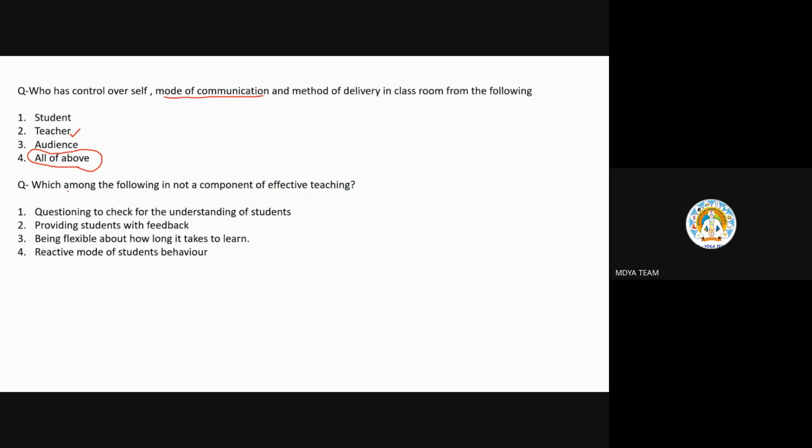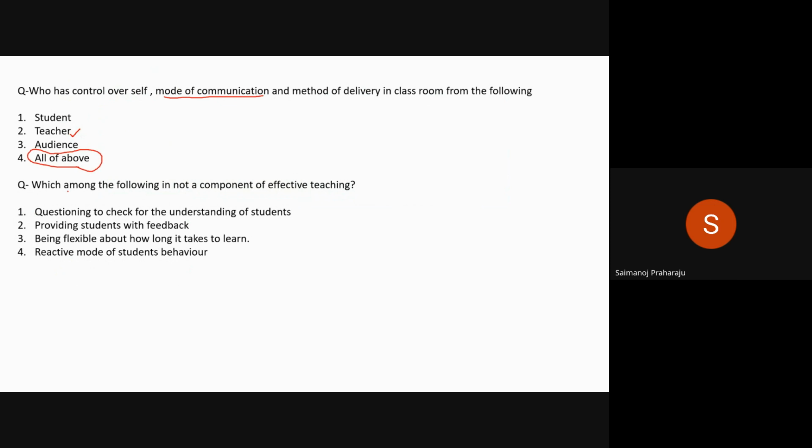Now the next question: which among the following is not a component of effective teaching? Being flexible about how long it takes to learn. Yes, ma'am. Sorry, I'm confused. What does the reactive mode of students' behavior mean, ma'am?